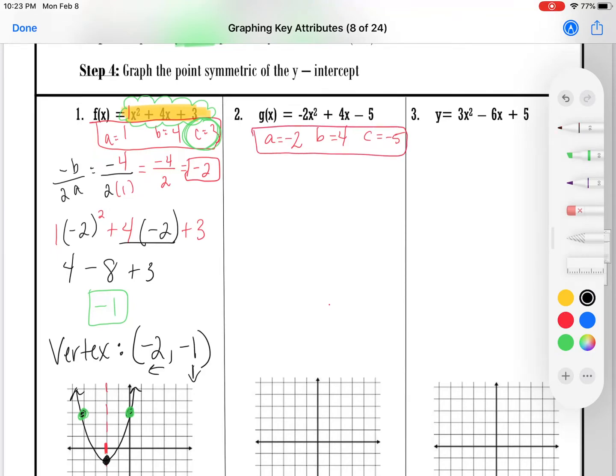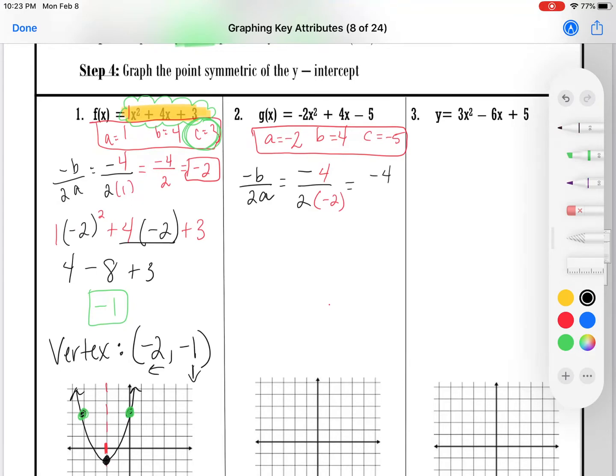We're good at that. The next step I need is an axis of symmetry. The formula for the axis of symmetry is negative b over 2a. So negative, my b value is a 4, over 2, my a value is a negative 2.